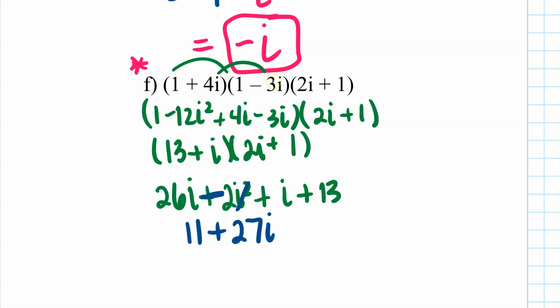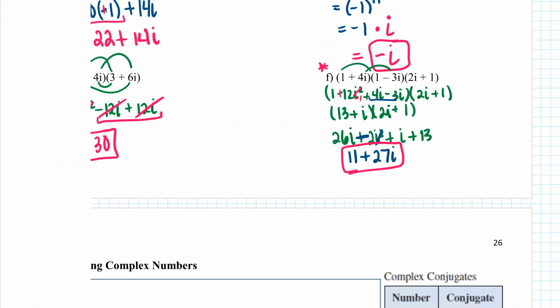I would simplify as you go. So when you combine these two, you end up with just 1i. This 12, because it's multiplying by i squared, which is a -1, changes to a positive, and that's 1 plus 12, so you get 13, and then you FOIL again, and you should end up with an 11 plus 27i. Okay, so if you have questions about that, just let me know.